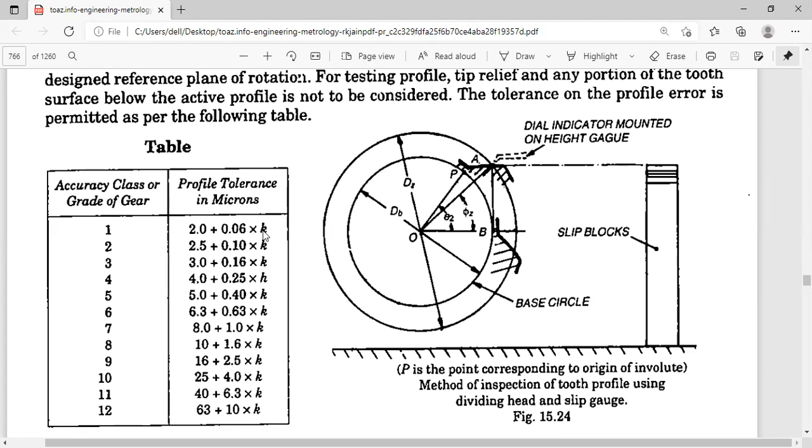This projection of the gear profile under test, you have to compare with the master profile of the master gear you will be having with you, because that is a perfect gear you have already manufactured, and you ascertain it as a master gauge, just like the master gauge we have discussed in the different types of gauges. So that is very important.